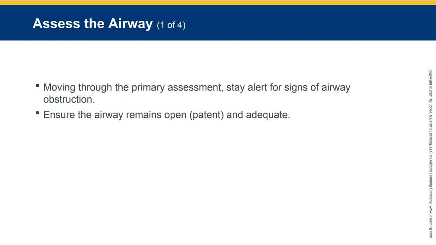Once we have ascertained the patient's level of consciousness, we will now focus on the upper airway. Moving through the primary assessment, stay alert for signs of airway obstruction. Ensure the airway remains open, patent, and adequate. So you assess the patient's airway. If it's not open, we position, we look, listen, and feel, and we simultaneously feel for that pulse.